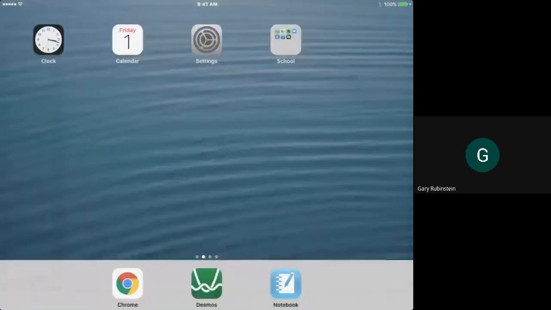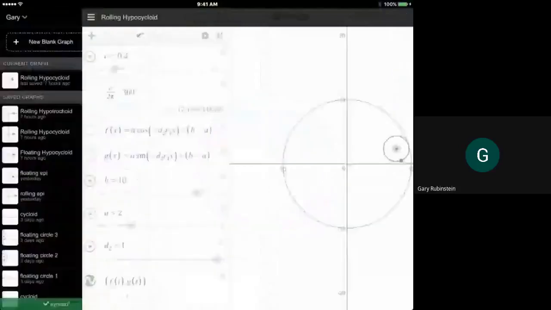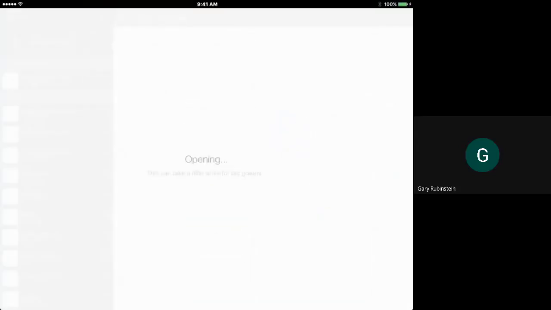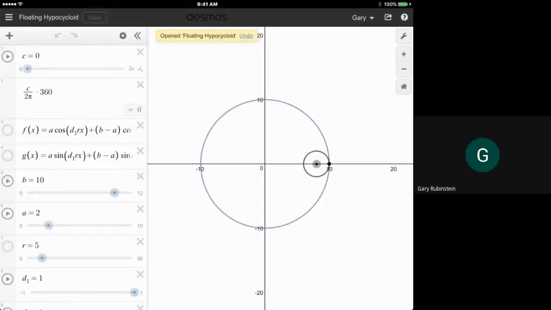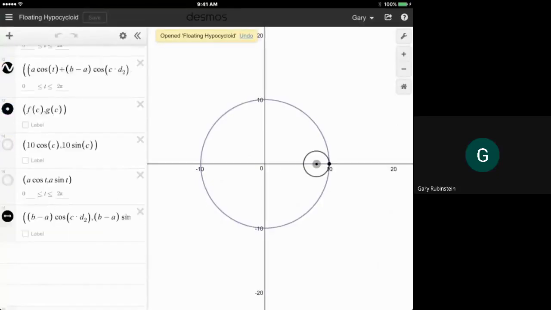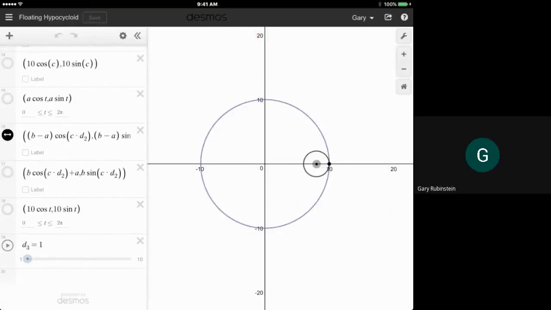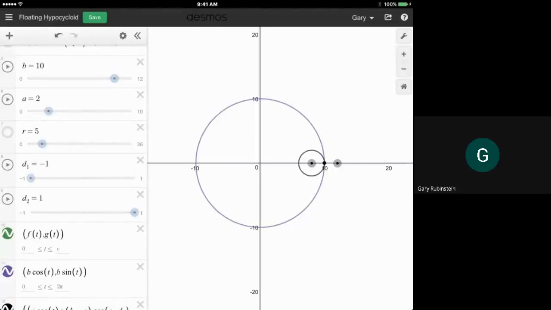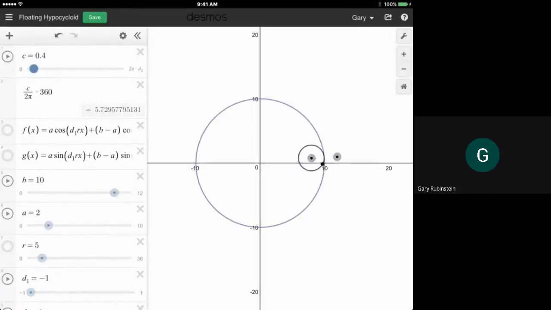Let me compare the floating hypocycloid, and I believe that I have down here, if I turn on maybe that point, no, if I turn on this point, I see, I don't think I fixed this as much as I should have, and I'm not able to fix it right now too well, but let's just take a look at what happens.